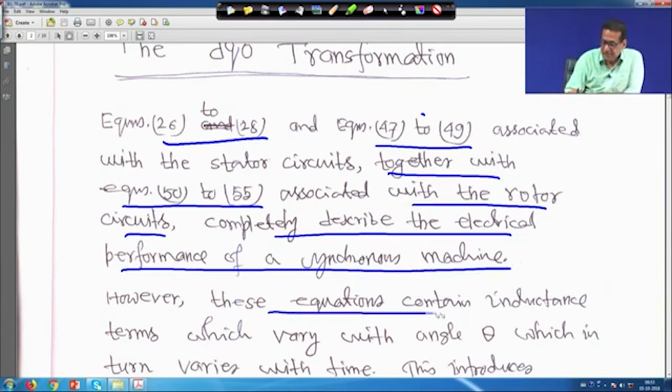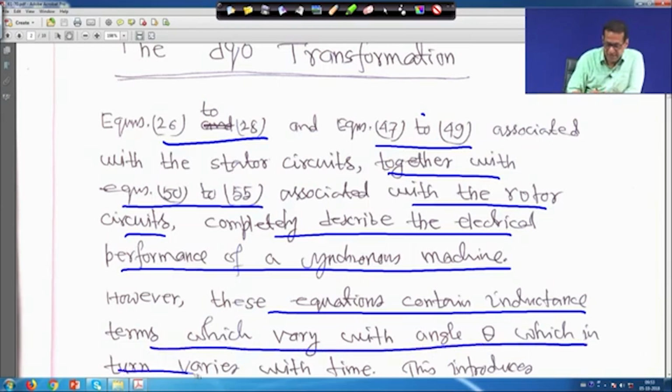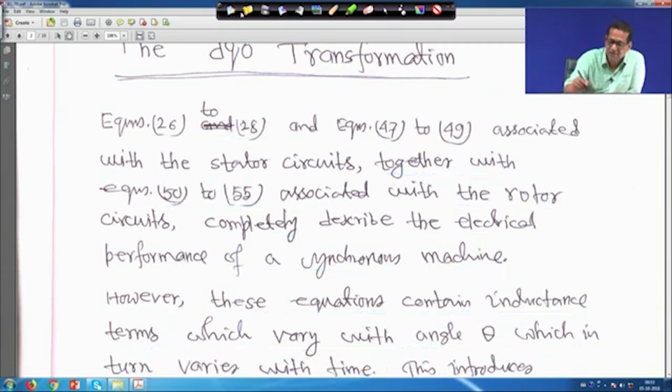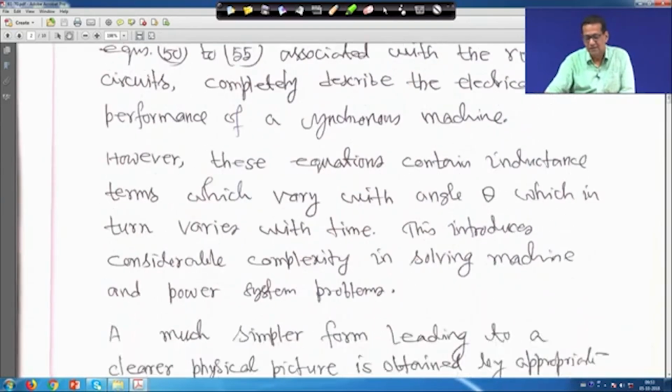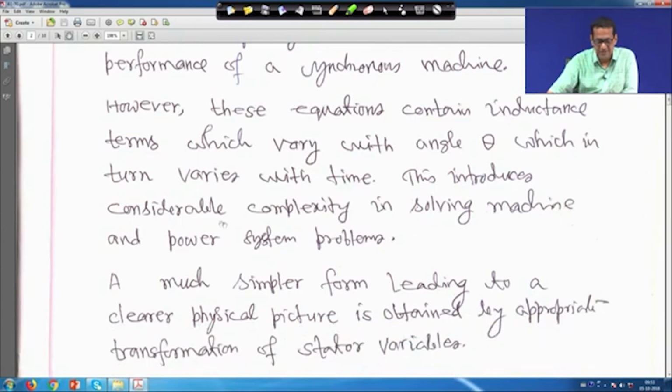However, these equations contain inductance terms which vary with angle theta, which in turn varies with time. So we have to find some methodology such that the analysis will be easier. This introduces considerable complexity in solving machines and power system problems.